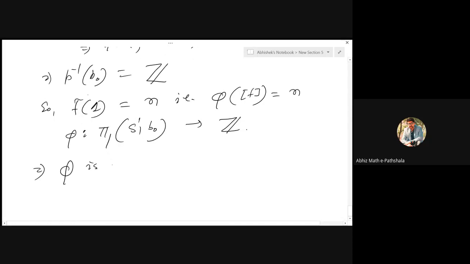That it is a bijection, just by using the observations I have discussed above. So to complete the proof, you need to establish that phi is a homomorphism between these two groups. So this remains to check.